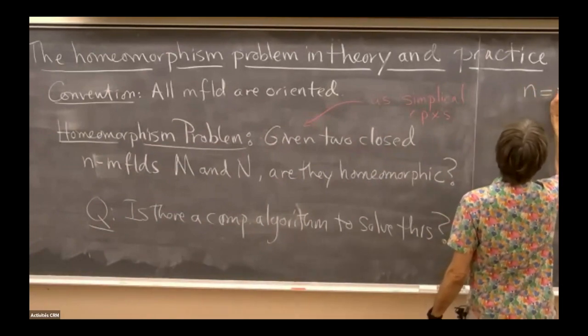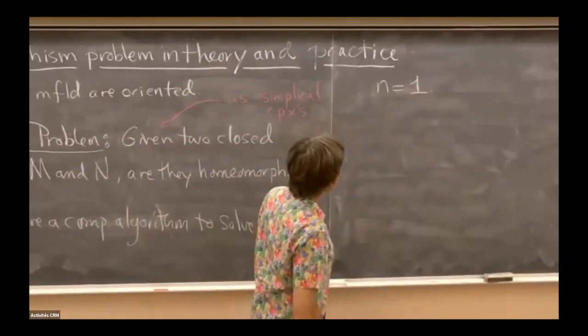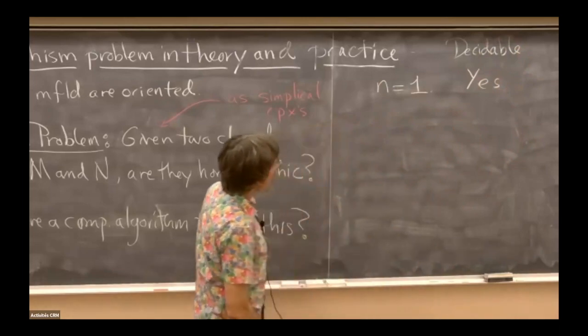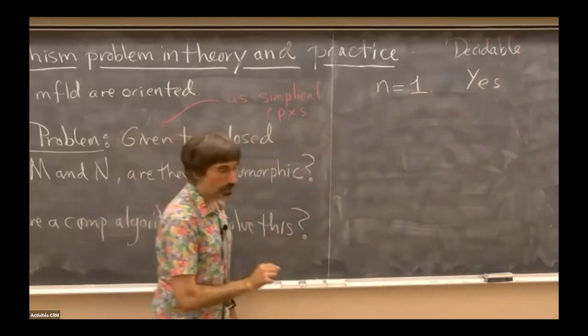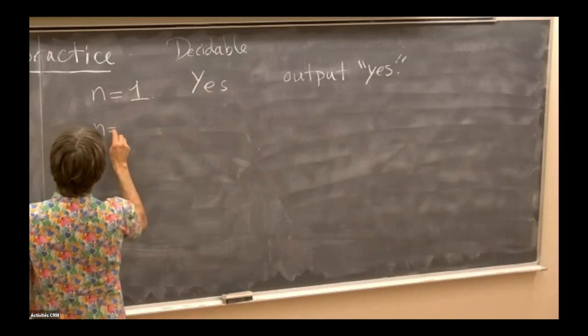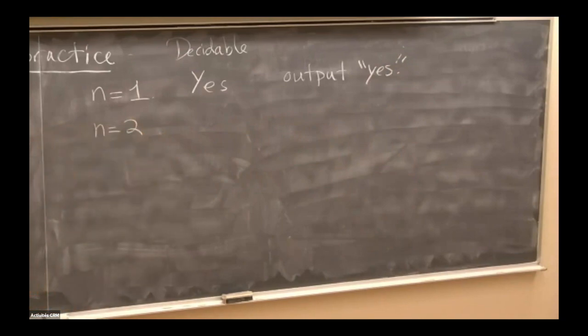In n equals 1, it's going to be decidable. And in fact, I can describe the algorithm. There's only one closed one manifold. So that's the whole program. Well, for two manifolds, surfaces, we have this beautiful classification of surfaces.